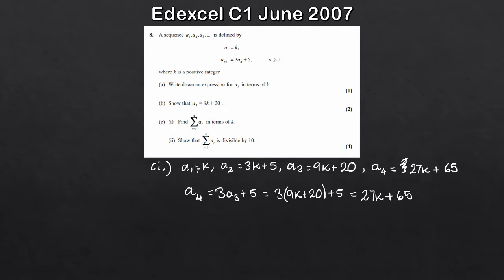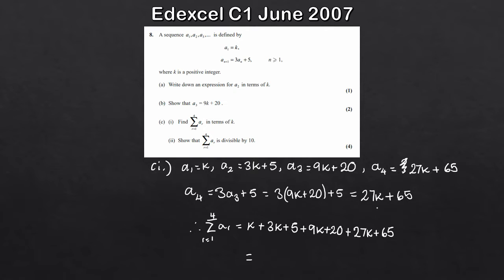So all I need to do now is add A1, A2, A3, and A4 together, collect all the like terms, and then we've got our answer. In that case, the sum of AR from R equals 1 to 4, that's just simply going to be K plus 3K plus 5 plus 9K plus 20, and then add on our very final term, 27K plus 65.